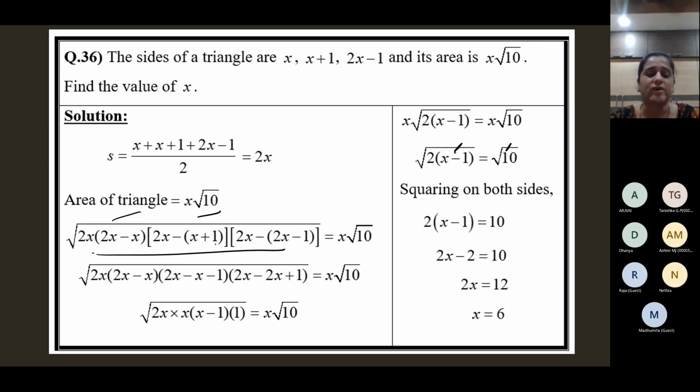You can do it here also. The root will get cancelled, but you'll have to square this. When you square on both the sides, this x will become x square, root 10 will become 10. Take down, children.